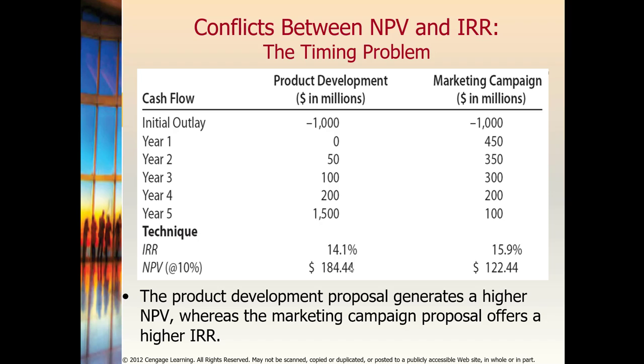So again, which project should you choose? If it is a mutually exclusive project, you can only accept one, you cannot accept both. Then apply the net present value rule. You need to choose the project suggested by the net present value. So the first proposal should be accepted.